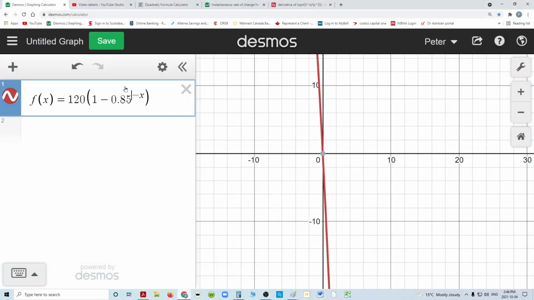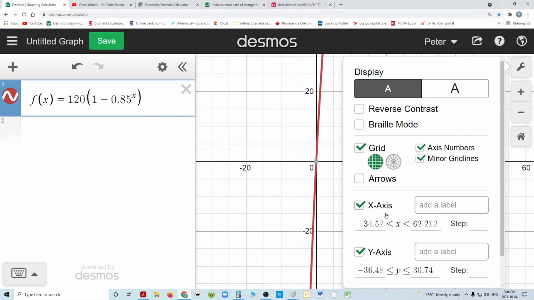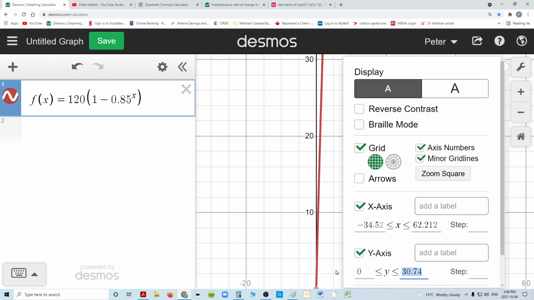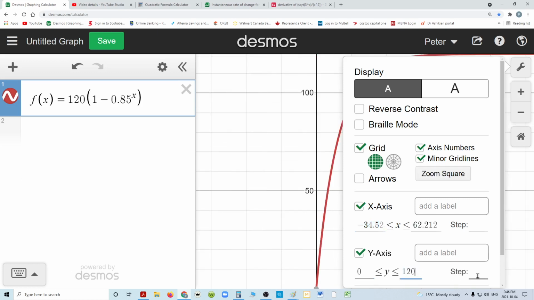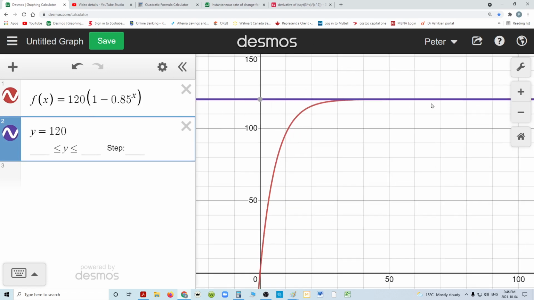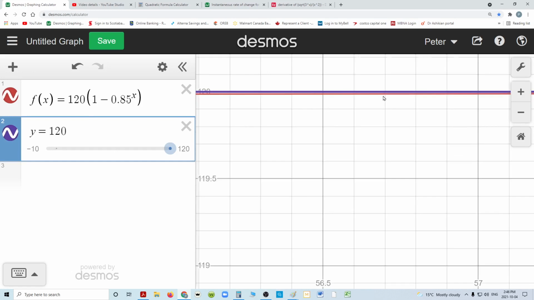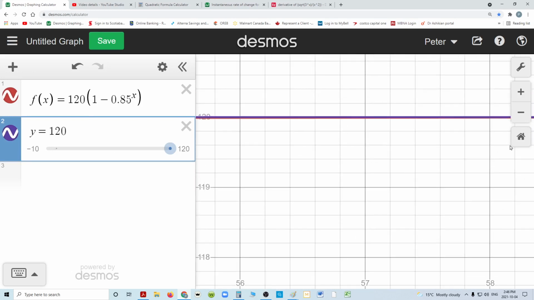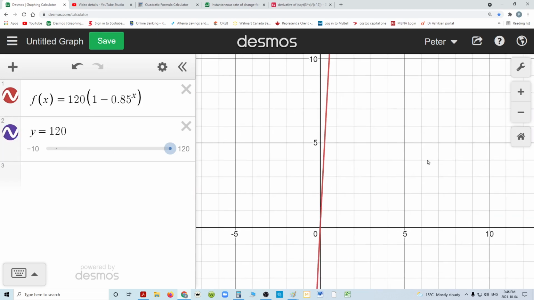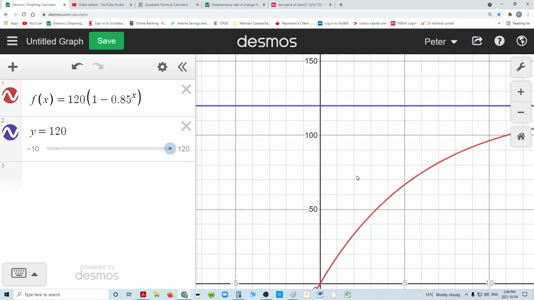Just to the x, not the negative x. There we go. Let's put it on a scale we can see it from 0 to 120. I'm going to put y is equal to 120. And if you zoom in, no matter what, it's never going to reach 120. There we go.